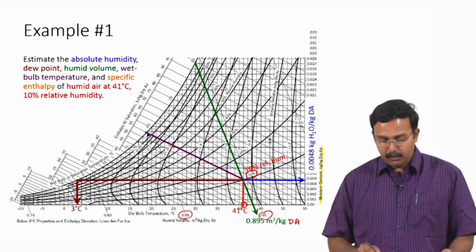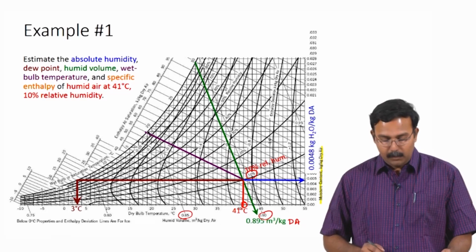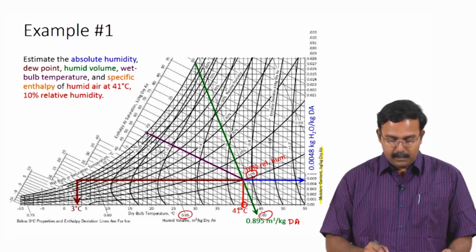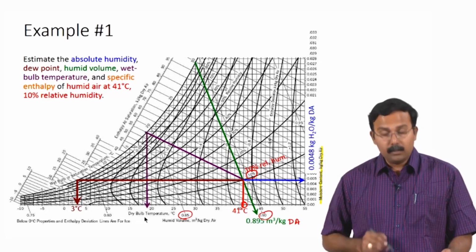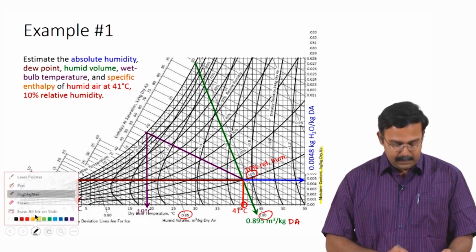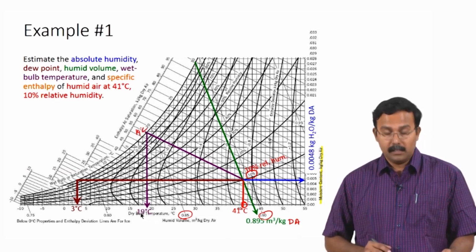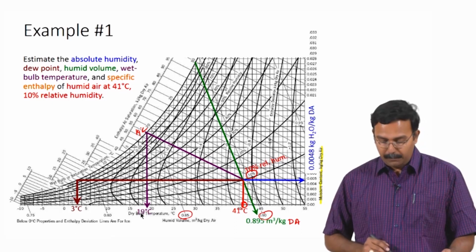The purple line goes all the way to the saturation curve along the slanting axis. I could either identify the temperature here or come back down here to identify it. The temperature is identified as 19 degrees Celsius. So, here also you can see that it is 19 degrees Celsius, and this would be the wet bulb temperature.